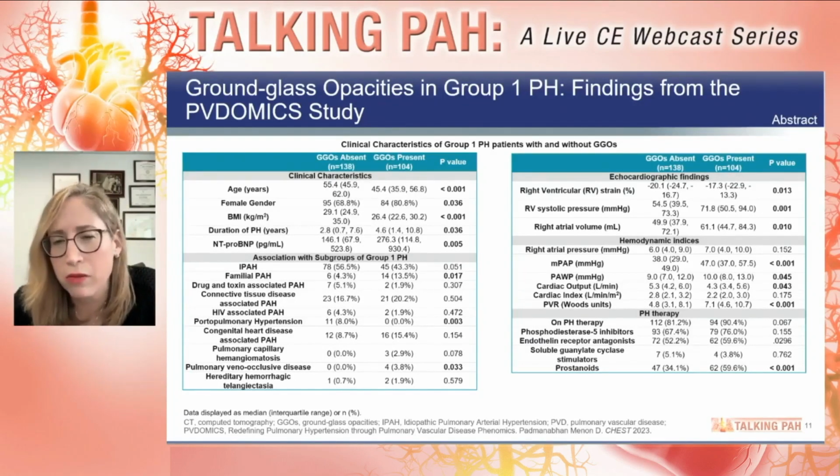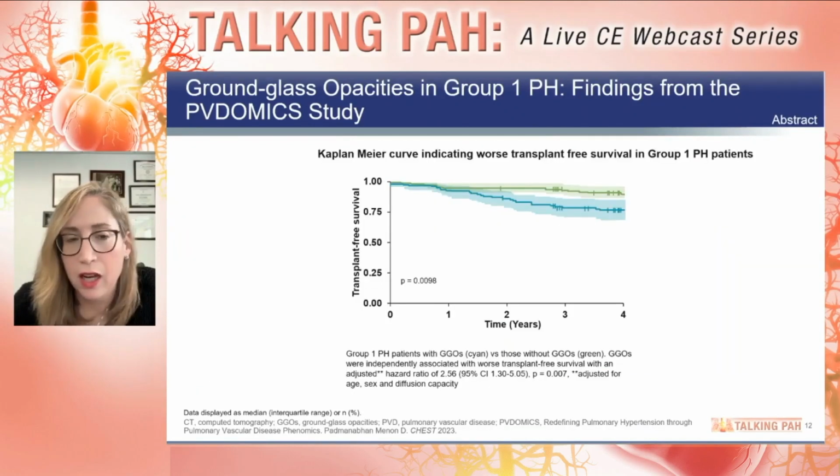But I think what's also really important is that their right ventricular echo parameters and their right-sided pressures, including cardiac output, were worse if you had ground glass opacities. And then this is showing us that actually they had a worse transplant-free survival.